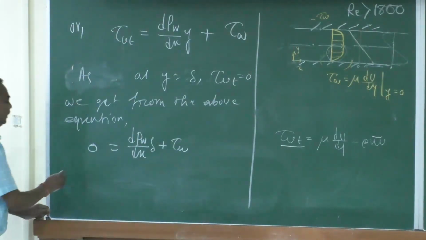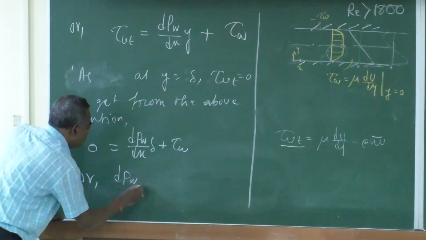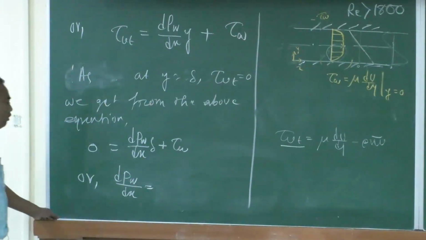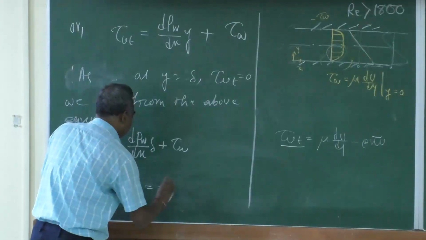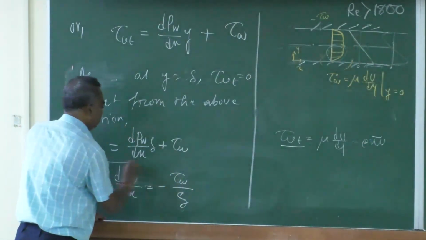So what it says is dPw/dx equals minus tau_w by delta.